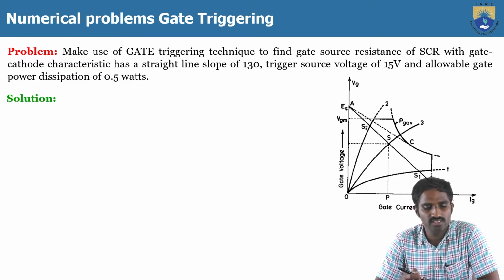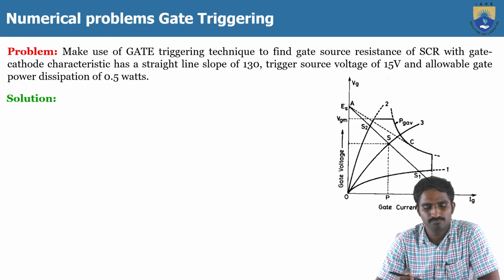For any kind of problem, first we have to understand the given data, and from the given data what we have to find. Here, what we have to find is the gate source resistance.